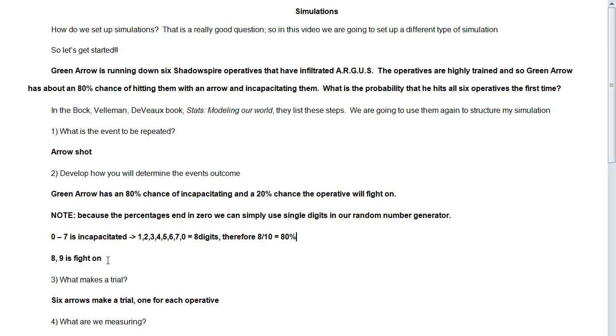And then, of course, 8 and 9 is fight on. Hopefully that makes sense, because that's 2 digits, which is equal to 20% of the numbers. So that follows an 80% chance of a hit, and a 20% chance that the operative will fight on.